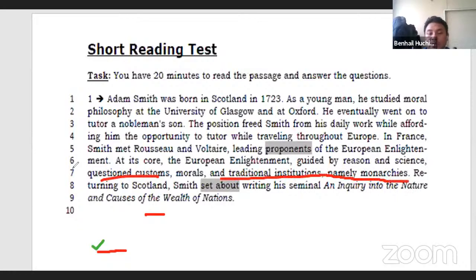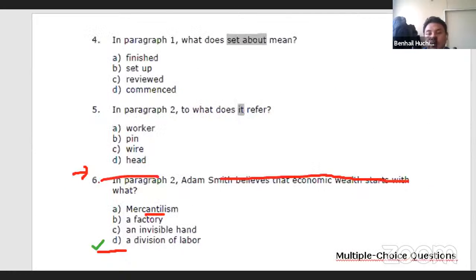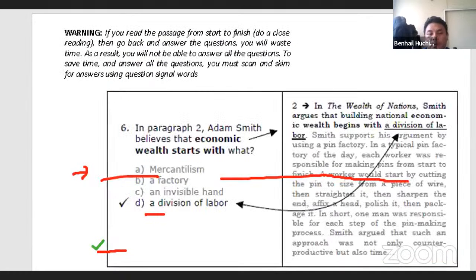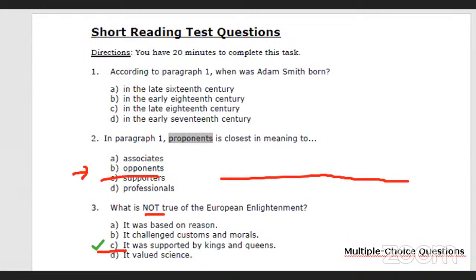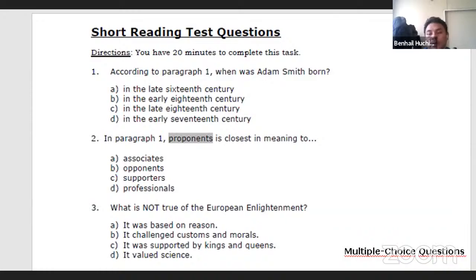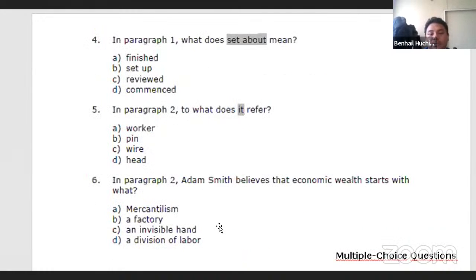So if you question them, monarchies won't support you anymore. So it was supported by kings? No, they don't support this. Okay. And so on, we have the question here.